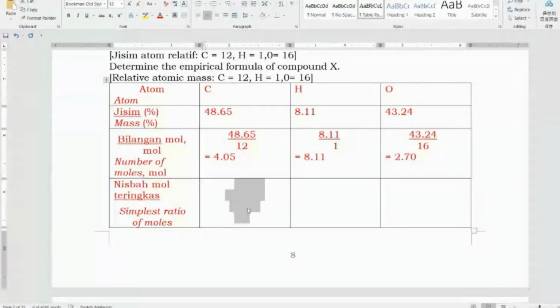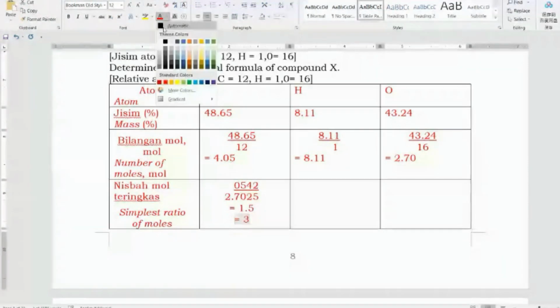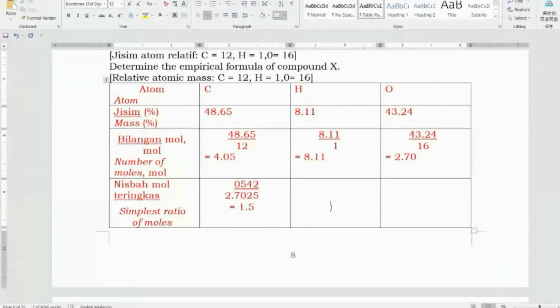Willie, are you able to catch up now for this question? So what is your answer for this carbon? It's 1.5. Correct, 1.5. We don't divide by times 3 first.